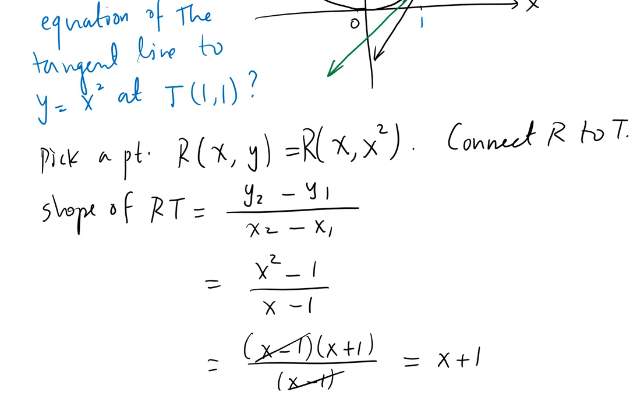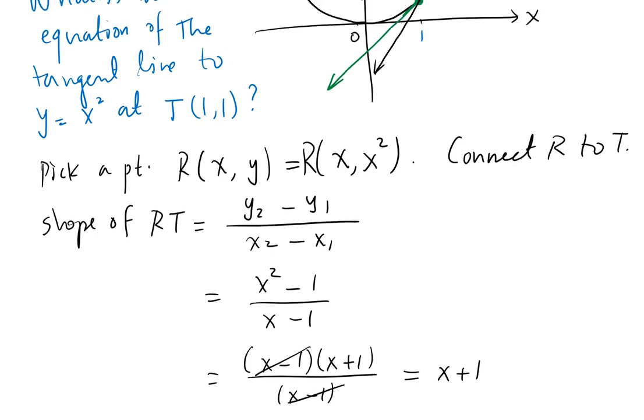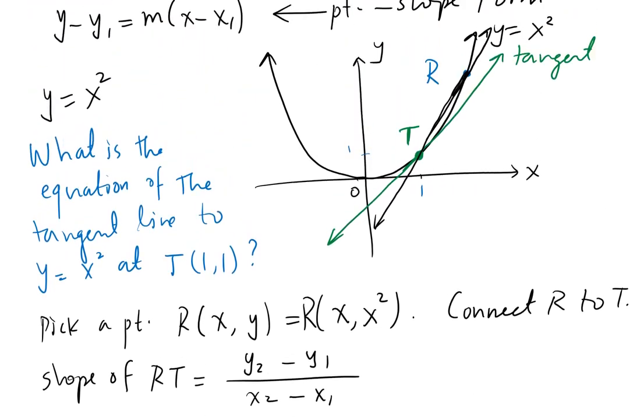That's the slope of the secant line. But notice it's in terms of x, it's not a number. We would like to know the slope because I already have the point.